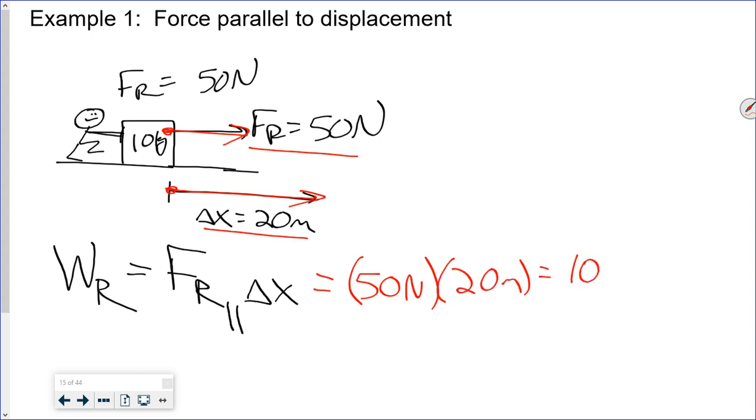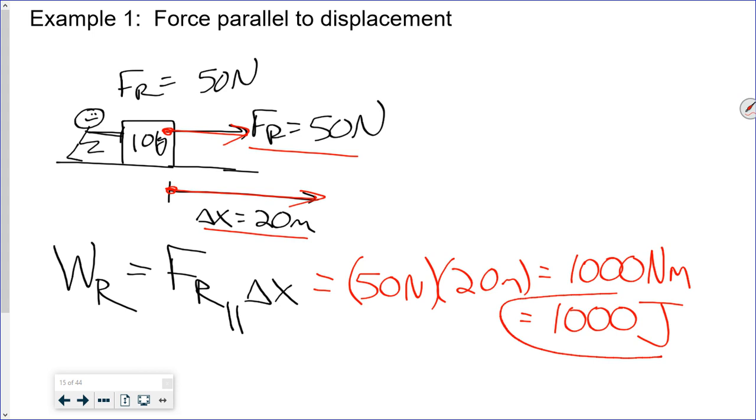That gives you 1,000. The units there are newton meters, which, if you go back to our energy notes and figure this out, you will discover is the same as 1,000 joules. That's all there is to that one. If the force and displacement are parallel, you just multiply your force by your displacement.